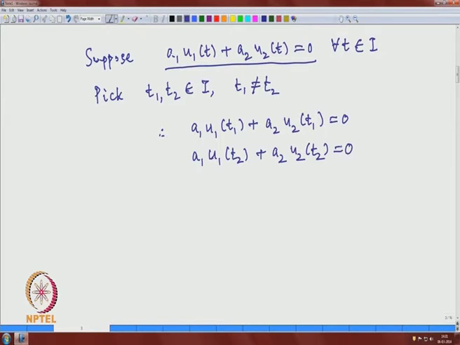And now, look at these two linear equations, they are homogeneous because the right hand side is 0, and consider that matrix u1(t1), u2(t1), u1(t2), u2(t2).